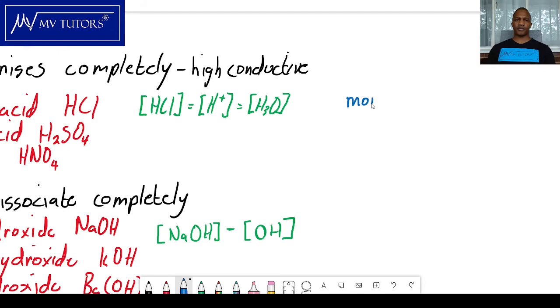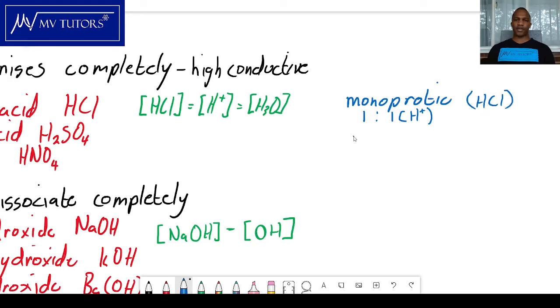Mono means one, so a monoprotic acid has one H. In a monoprotic acid, 1 mole of the acid gives 1 mole of the hydronium, H plus. An example of a monoprotic acid is HCl.